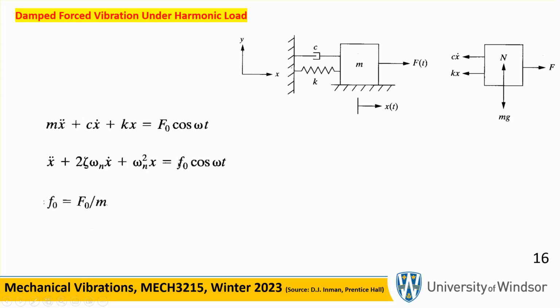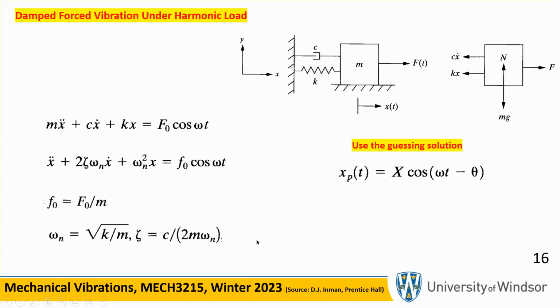Now, this little f naught came from the fact that I divided both sides by little m, which we decided to call f naught. Everything else we know, these are the things that we have done. The solution, instead of before being big X cosine of omega t, now it is big X cosine of omega t minus theta.